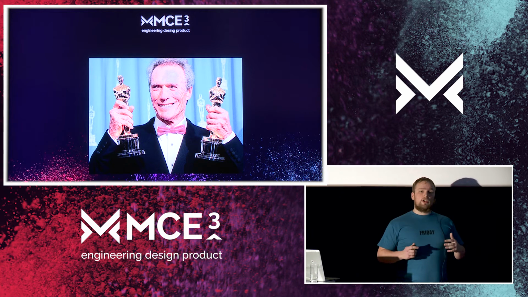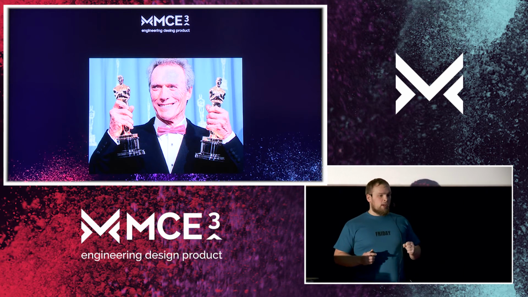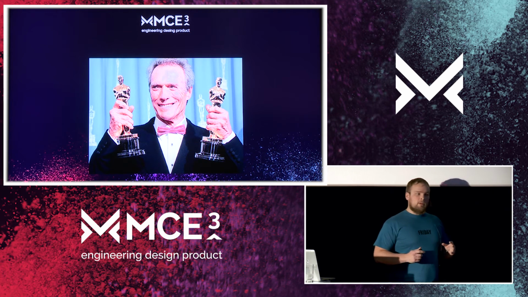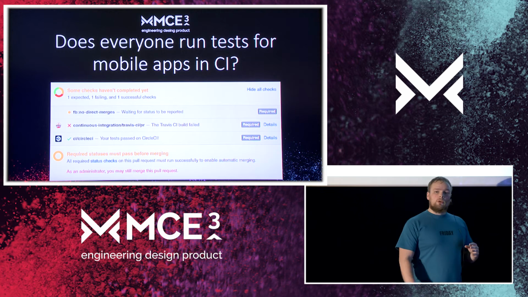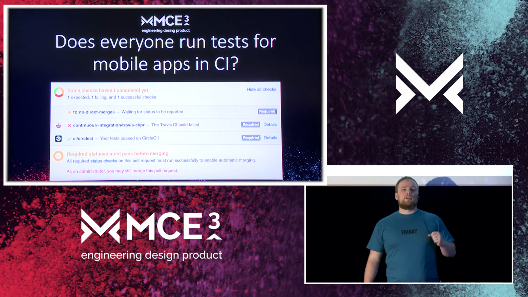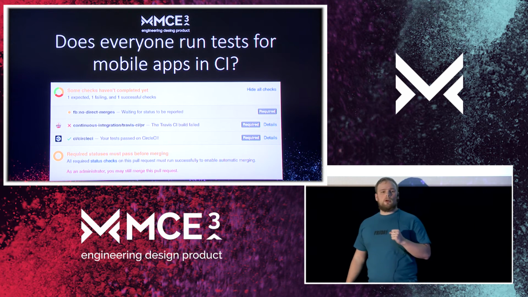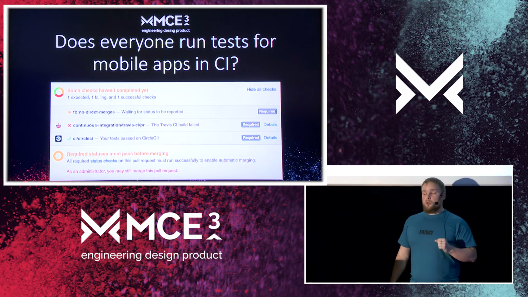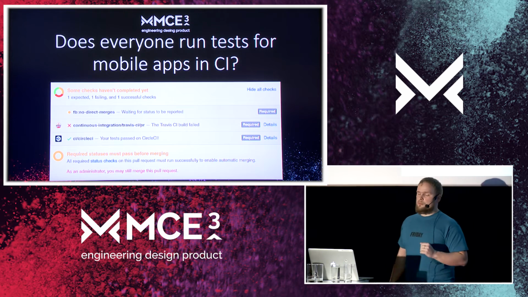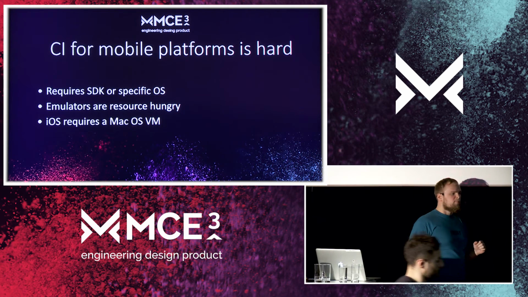And I want to share a little bit of it because it's actually not that trivial as I thought when we started doing that. So could you raise your hand if you are running continuous integration for Android or iOS? Well done. So not everyone raised hands, so I'll share some insights.